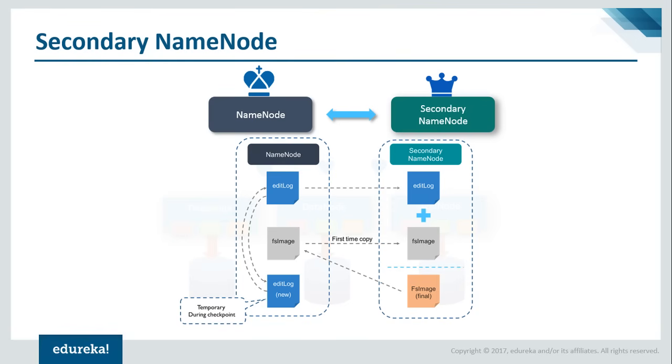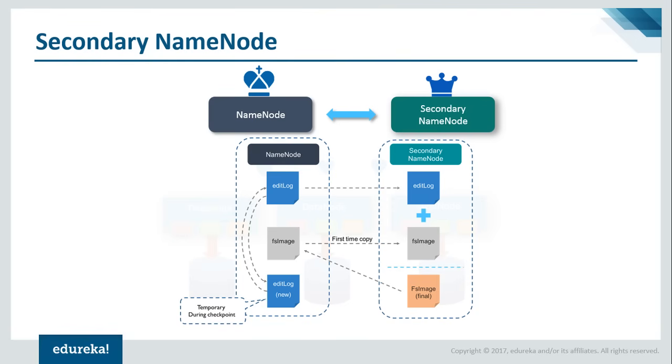Edit logs, on the other hand, contain the recent modifications that you made to the file system, for example something that you did just hours ago, whereas FS image will store the transactions that you did maybe weeks ago.